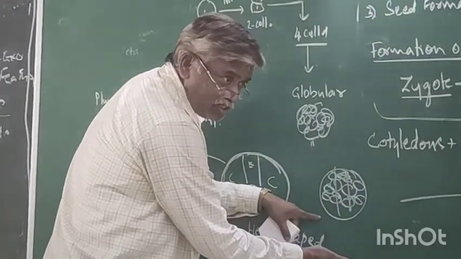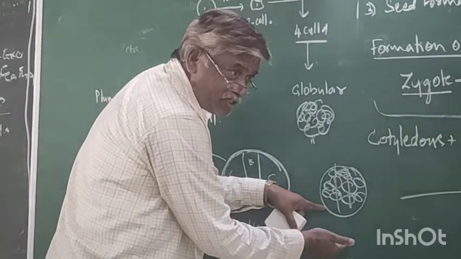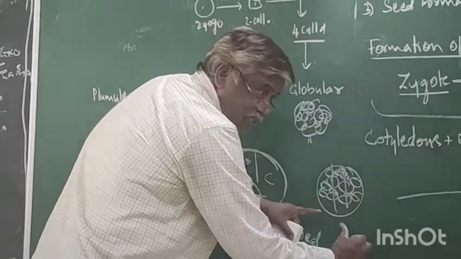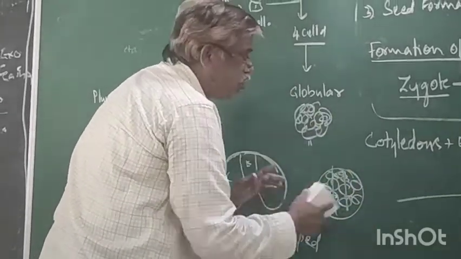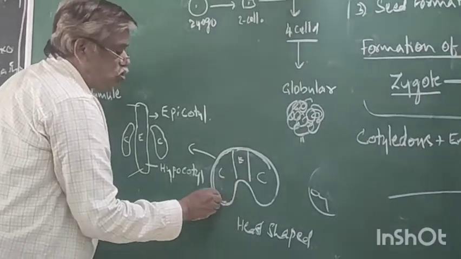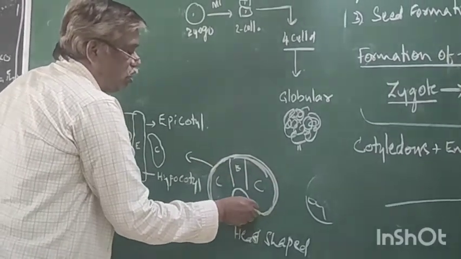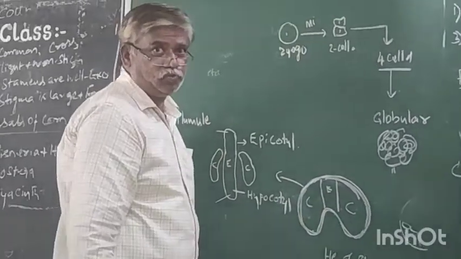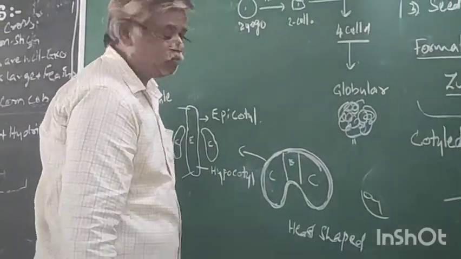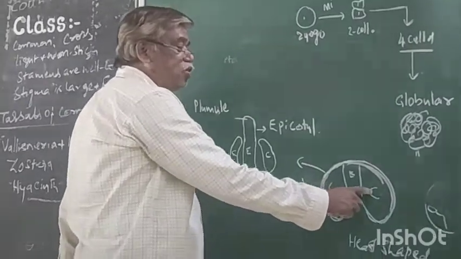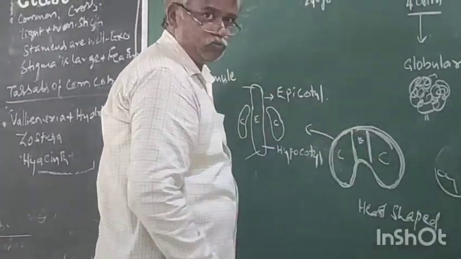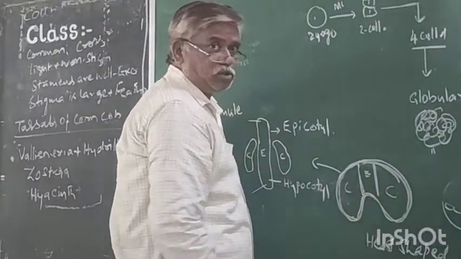Towards the base, the central basal part undergoes invagination, and due to this it appears like a heart shape. Now it is a heart-shaped embryo. In this heart-shaped embryo, this is the central part and this is the peripheral part.